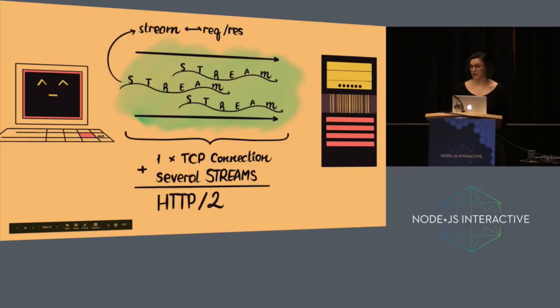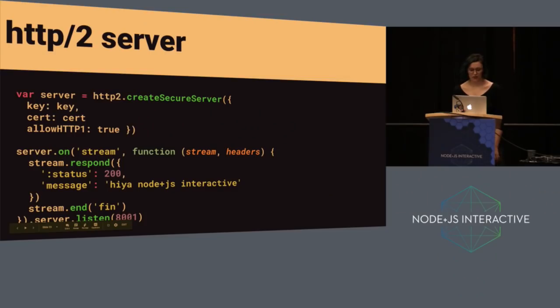So a single TCP connection can now handle multiple. And it goes up to quite a large number, depending on the hardware you're running. You're able to do 2 to the 31. I'm not good at the math, but you can do quite a bit. So one TCP connection and several streams.